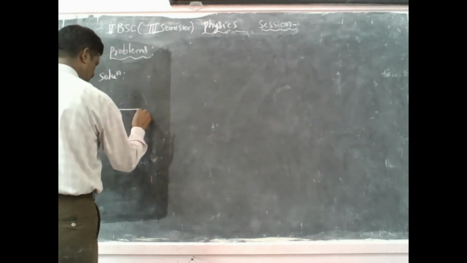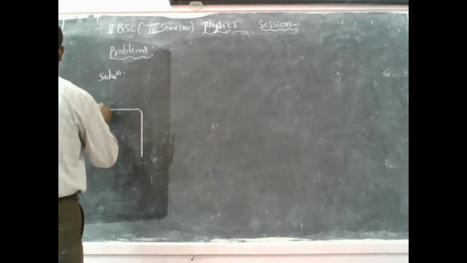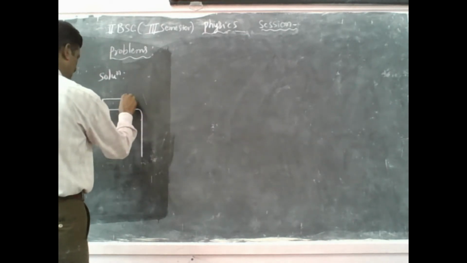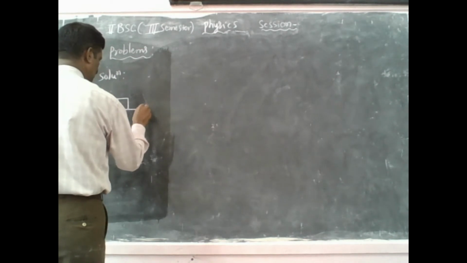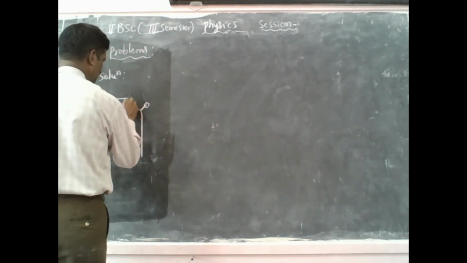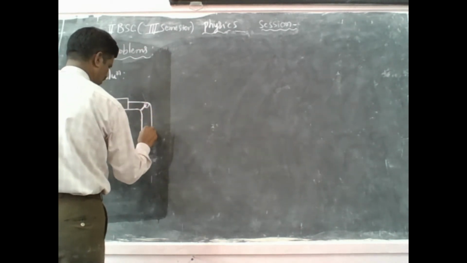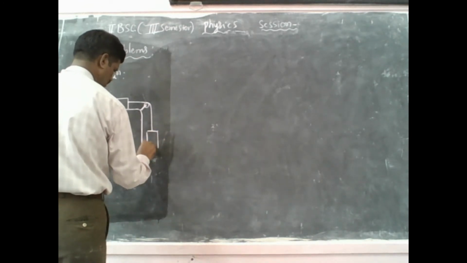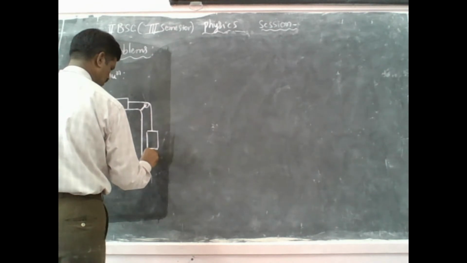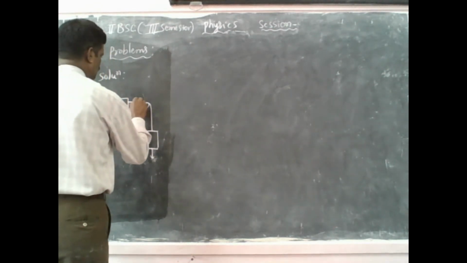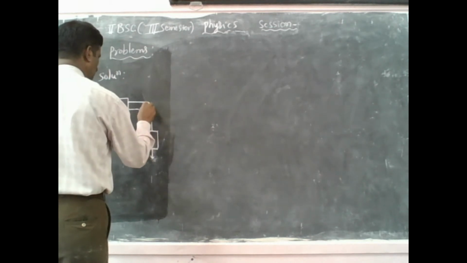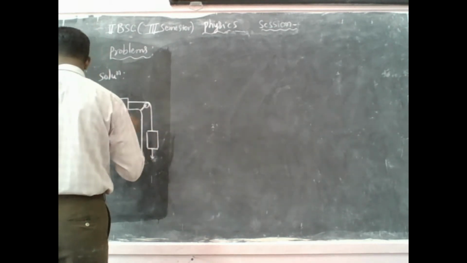First you have to draw the diagram related to that problem, and here is the pulley over which a smooth, frictionless string is passing, isn't it?